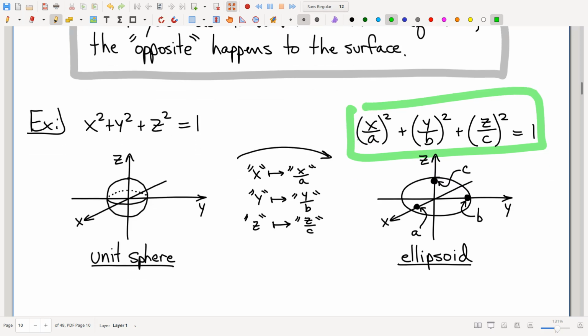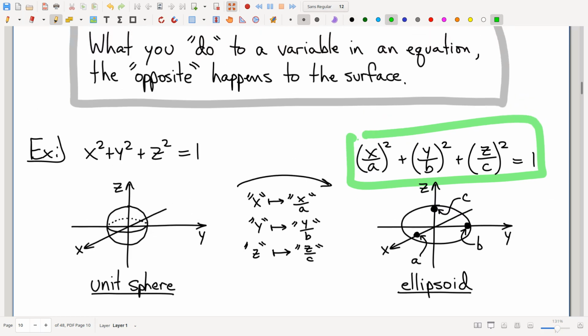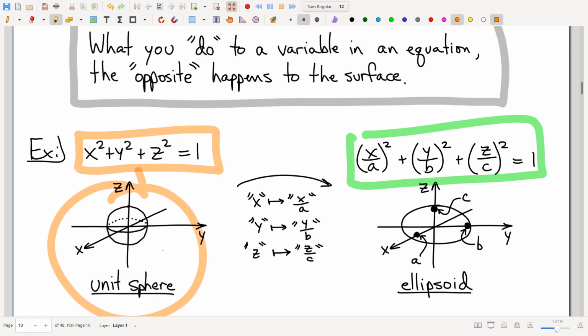So what I'm going to do is observe that I can fiddle with the equation algebraically compared to something I already understand. This, I already understand. That's the unit sphere, no problem. Spherical coordinates arguments, easy argument on the left there. And then I notice that all I have to do to turn the orange question I understand into the green question that I don't is these little algebraic replacements.